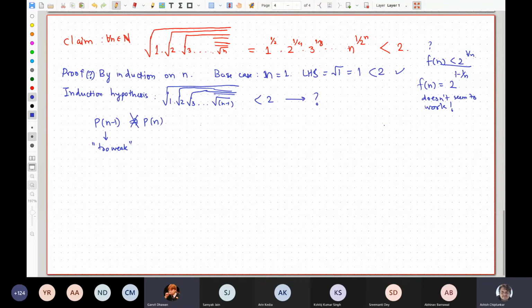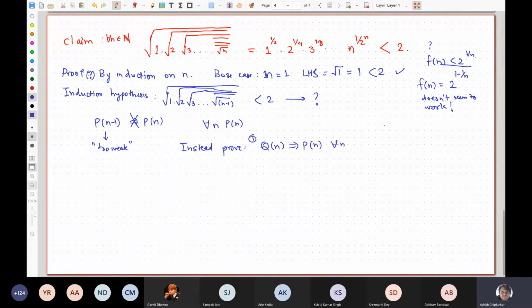Right, so you want to prove a claim of the form for all n, Pn. So what you will do is the following. Instead, get some new predicate Q, and prove a claim of the form Q of n implies P of n for all n.